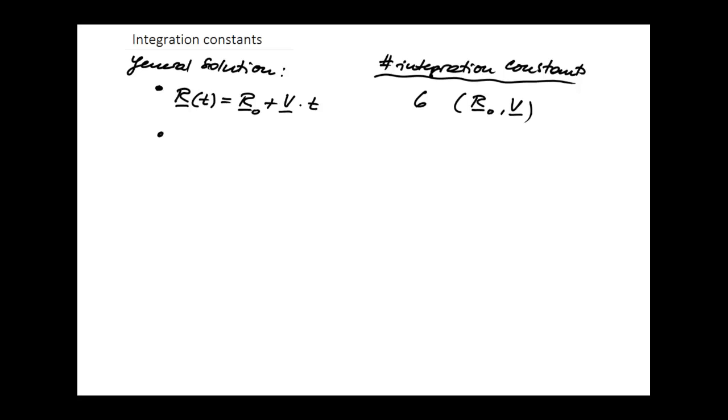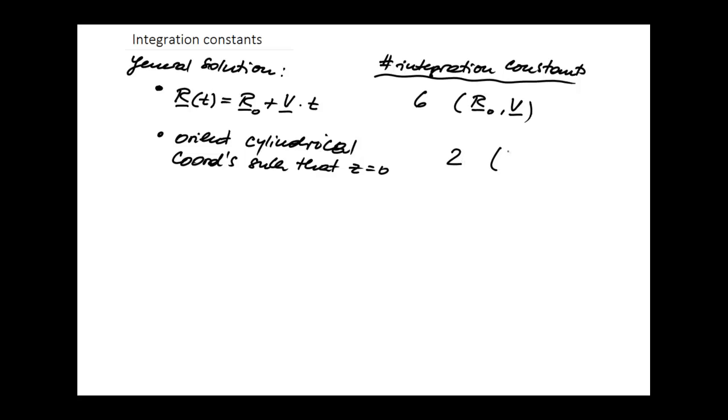And the direction of a three-dimensional vector is specified by 2 parameters. What we did was that we oriented the cylindrical coordinates such that z is equal to 0. Now in this choice, we have two parameters that specify the orientation of the plane.